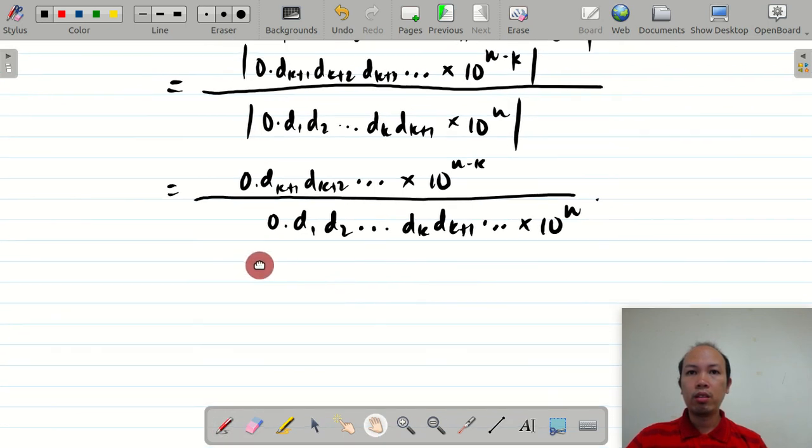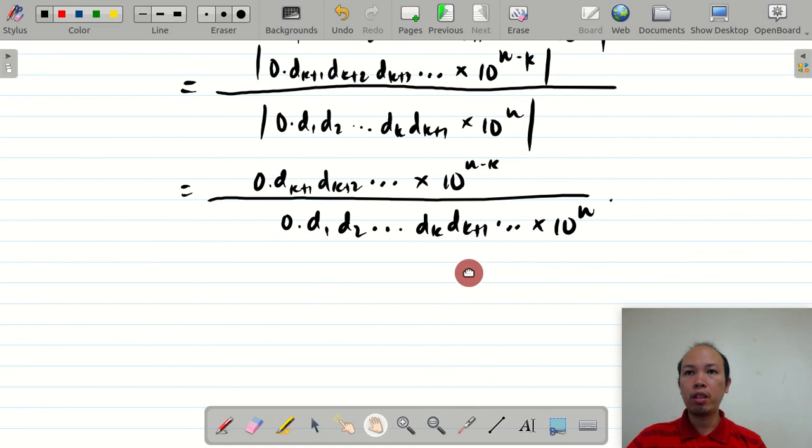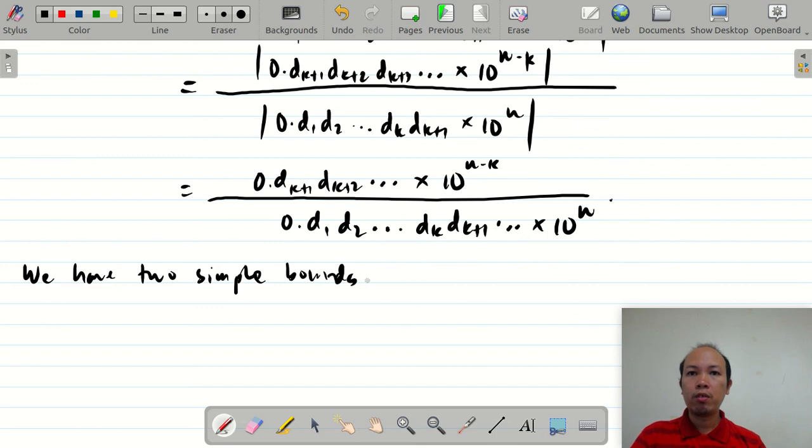Also the bound for the numerator and the bound for the denominator. What is it that we have to bound? Okay, ask yourself. We have two simple bounds for the numerator and denominator.